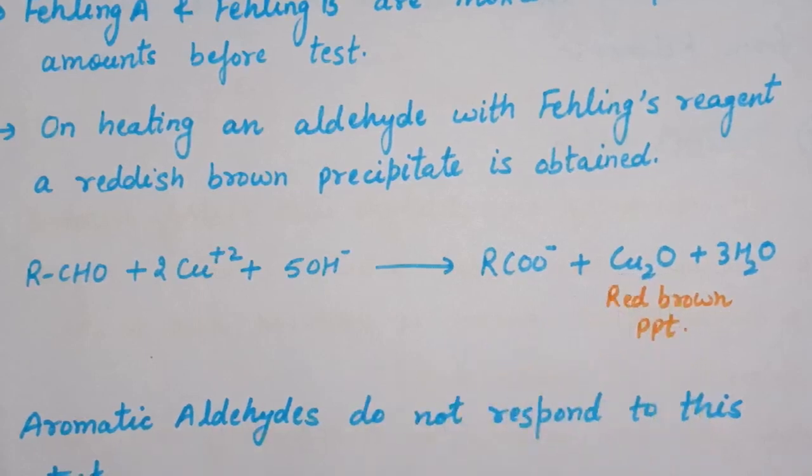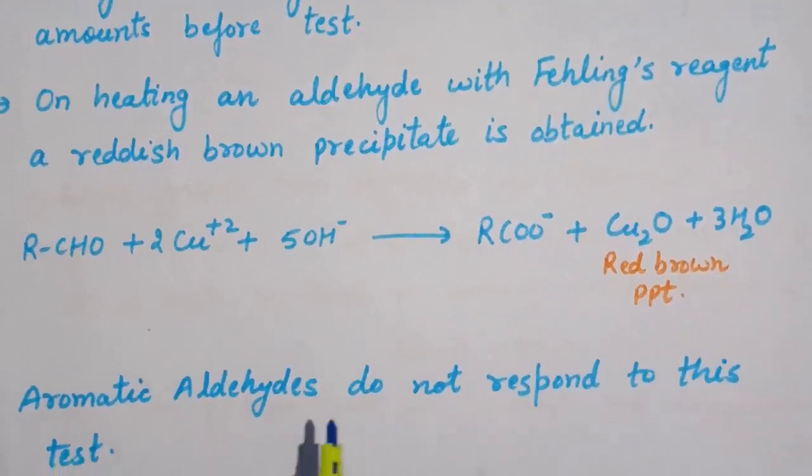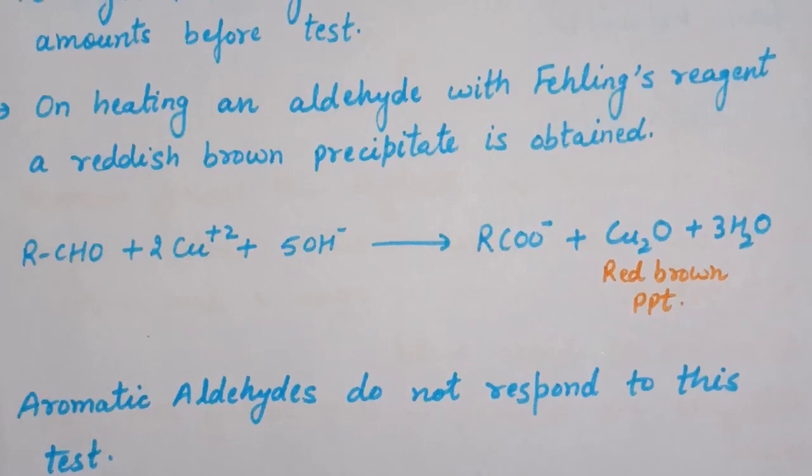But this test is not given by aromatic aldehydes, that is aromatic aldehydes do not respond to this test. So here are two tests by which we can distinguish aldehydes from ketones: Tollens test and Fehling's test.